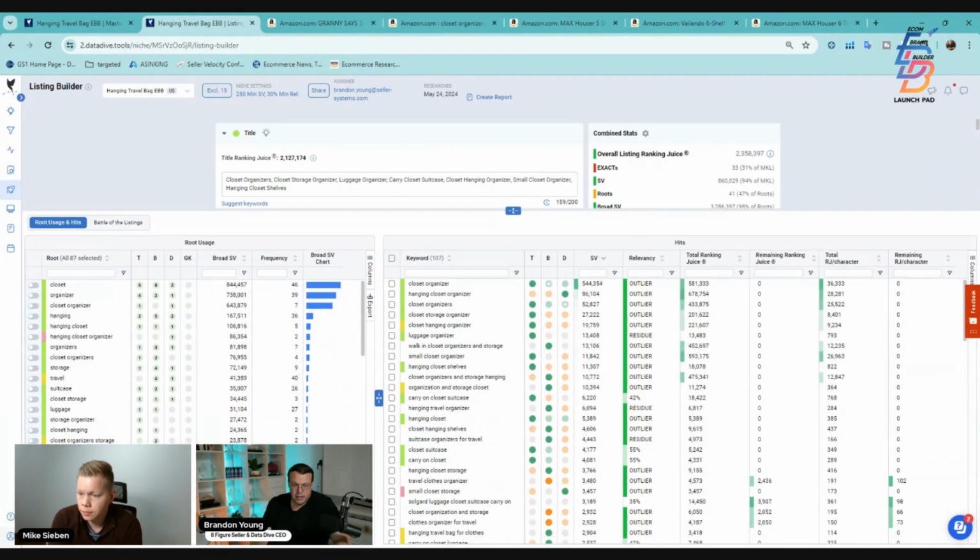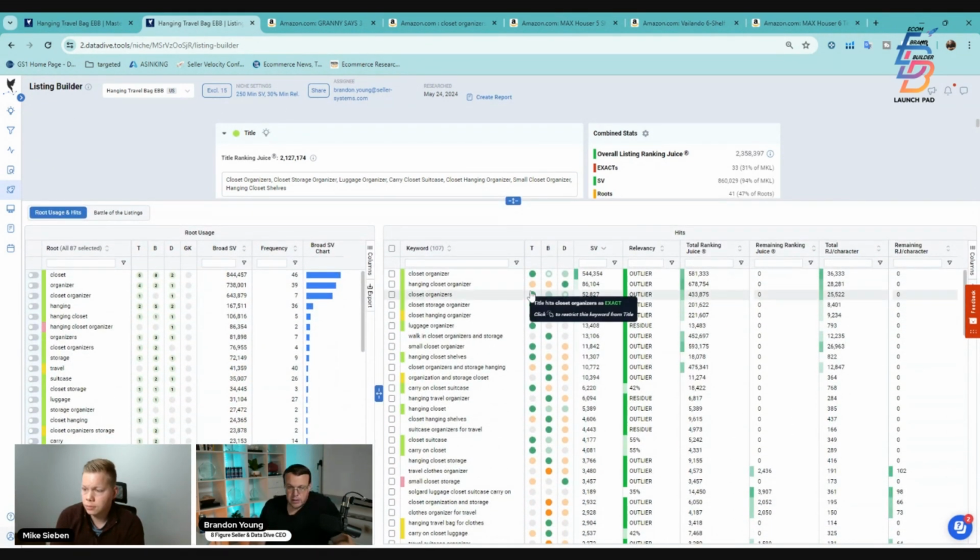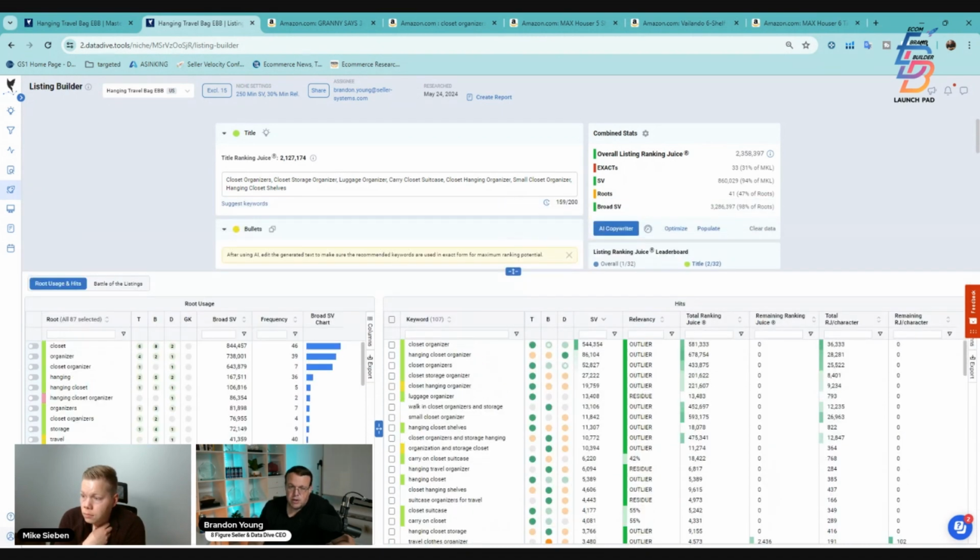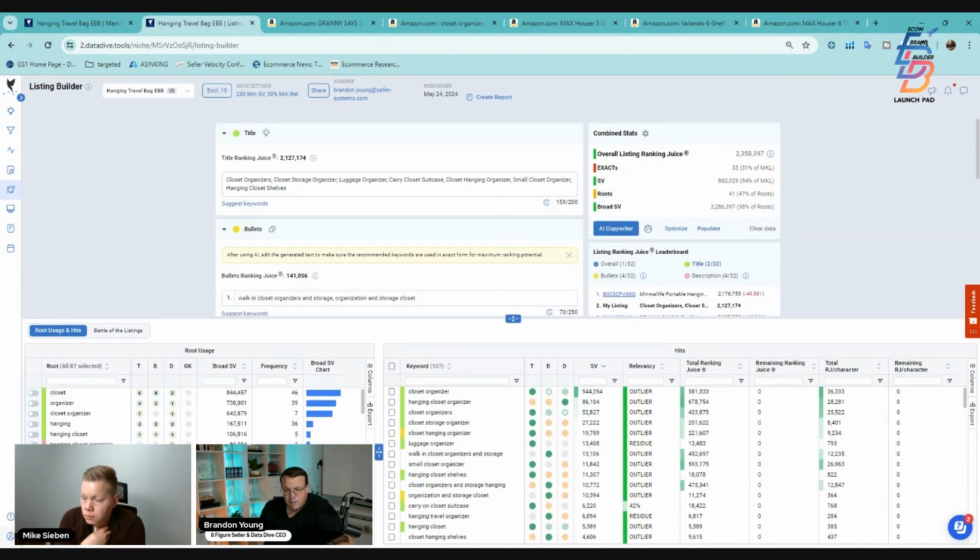So we basically have a mathematical formula that takes into account your relevancy, the search volume, the search frequency, and gives you an idea based on the broad search volume of the root, the broad search volume of these keywords, relevancy, and then gives it a ranking juice score. These are the keywords that you need to prioritize. And then depending on your match type, you're going to get credit towards that ranking juice.